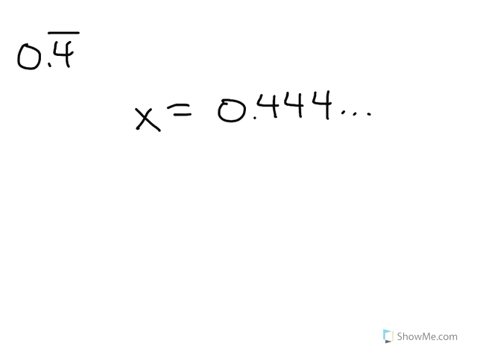Take 10 and raise it to the first power for 1. 10 to the first power is 10. We're going to multiply the equation on this second line by 10 and put that result on the first line.